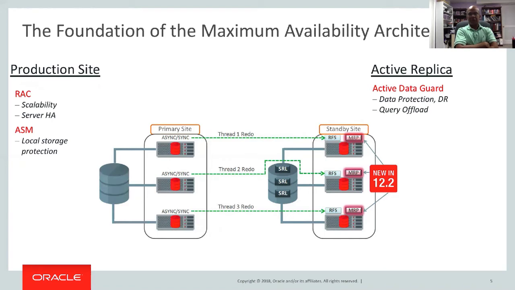But in the event that the network goes down between the primary and standby, or the standby goes down, the primary says, okay, in max availability mode, I'm allowed to diverge, meaning I can still generate redo and transactions, and the standby will fall behind and we'll catch it up when it gets reconnected. And once reconnected and resynchronized, we're back to zero data loss mode.